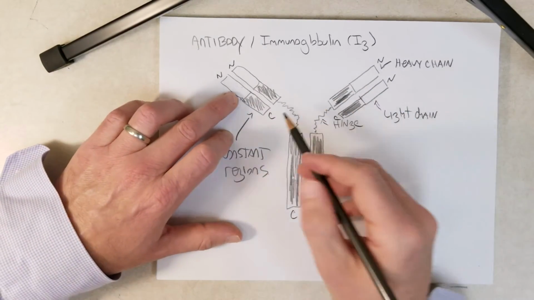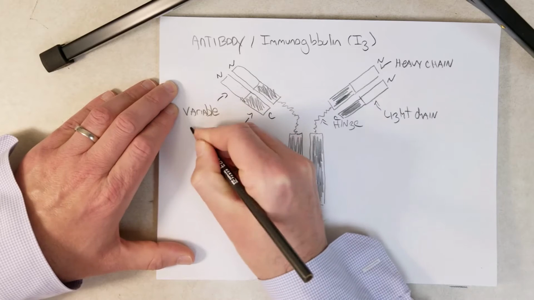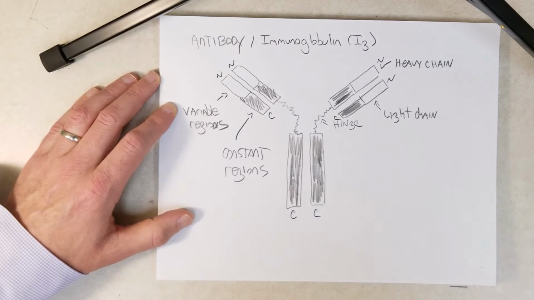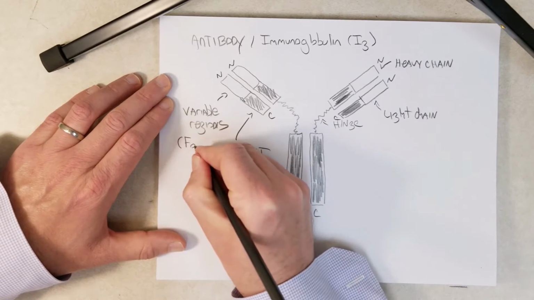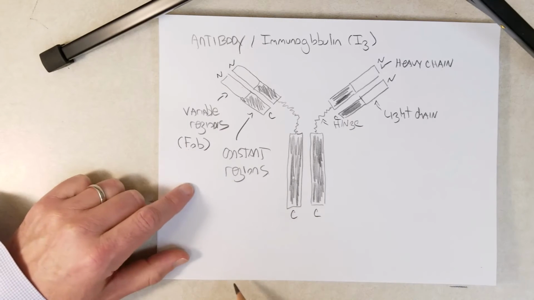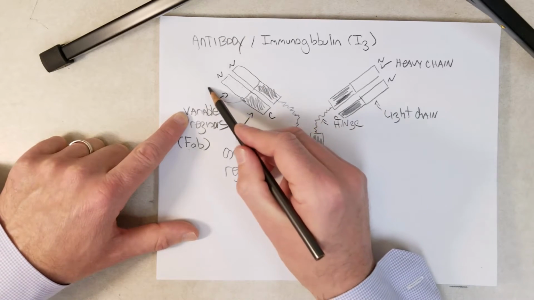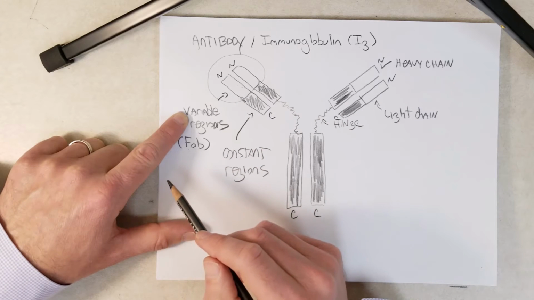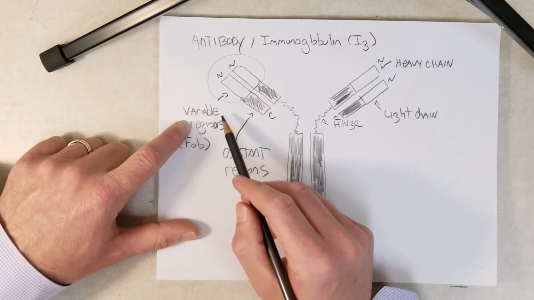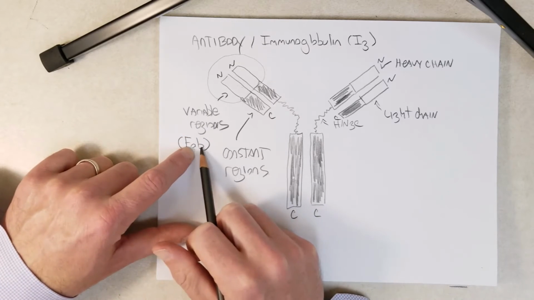Now, the unshaded parts, these are the variable regions, also called the FAB. F is for fragment, AB is for antigen binding. So the variable regions are the parts that are responsible for binding the antigens.